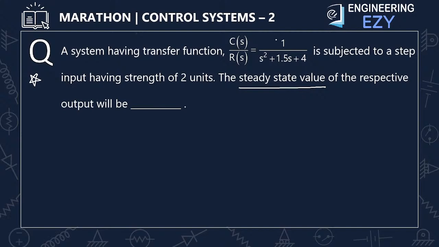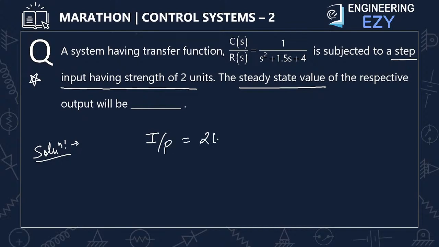So the transfer function is given, and the input is given. Input is a step of strength 2 units, which means input is equal to twice u(t). So applying the final value theorem, you can calculate the steady state value. This question is also very easy.